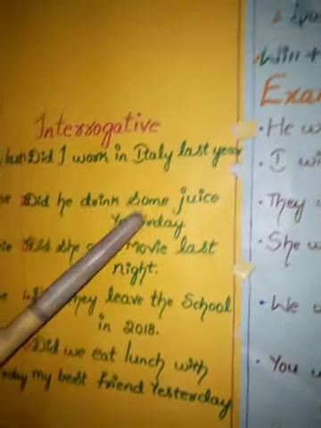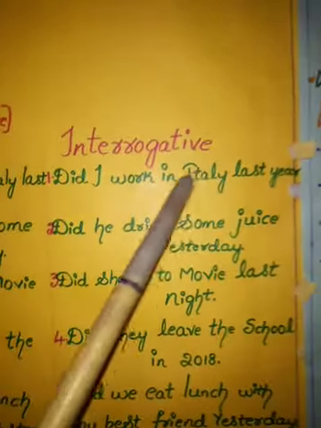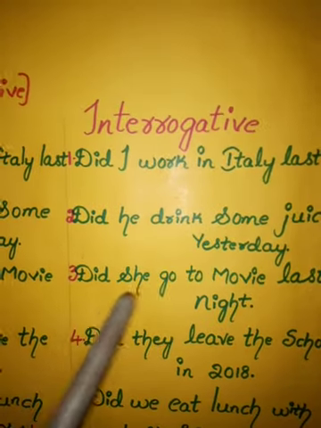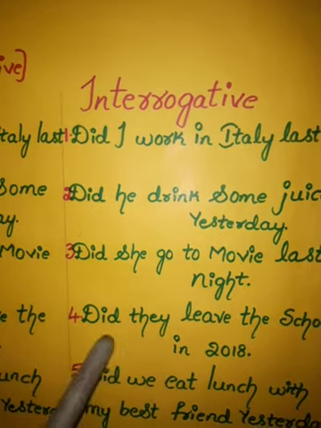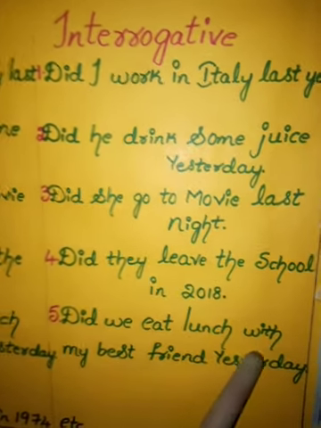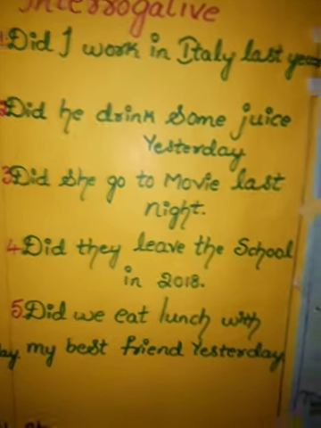Examples of interrogative sentences. Did I work in Italy last year? Did he drink some juice yesterday? Did she go to a movie last night? Did they leave the school in 2018? Did we eat lunch with my best friend yesterday?